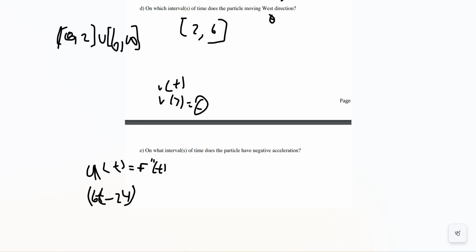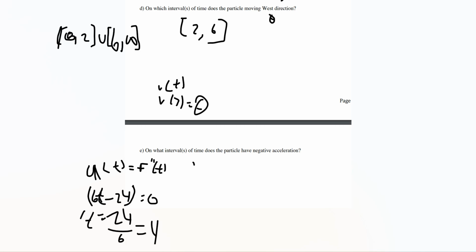So now we're going to find out when 6t minus 24 is 0. Just some quick math: t equals 24 divided by 6, which is just 4, because 6 times 4 is 24.